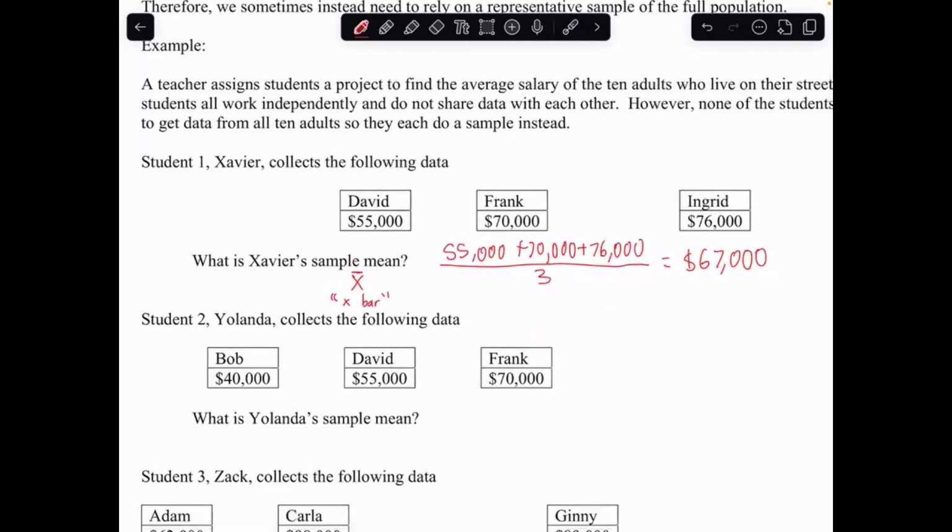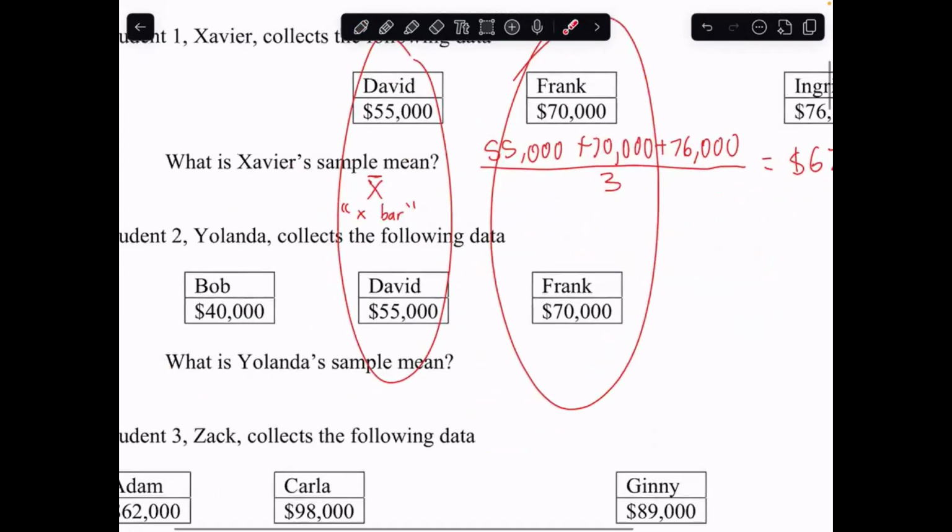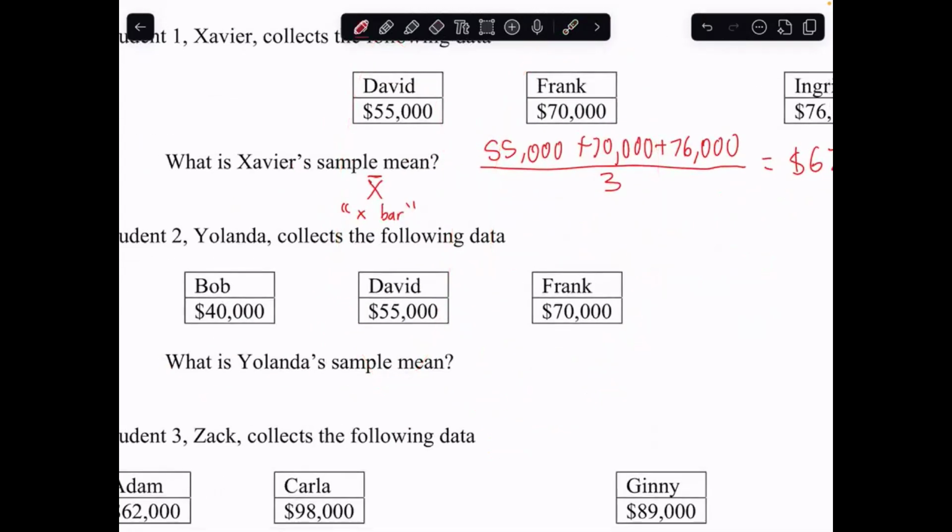Okay, so the next student, Yolanda, again, exact same street. So her true answer would be the same as Xavier's answer. She happens to also survey David and Frank, so those two data points are the same. But instead of talking to Ingrid, she talks to Bob, so her data is different than Xavier's. Let's find Yolanda's sample mean.